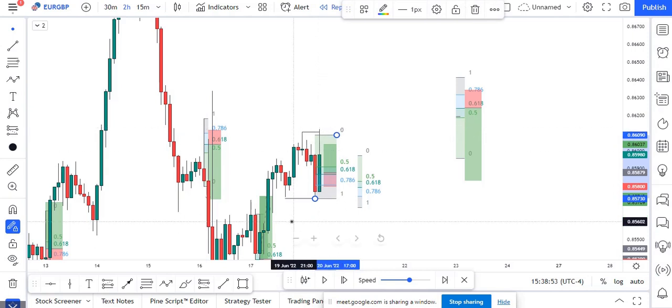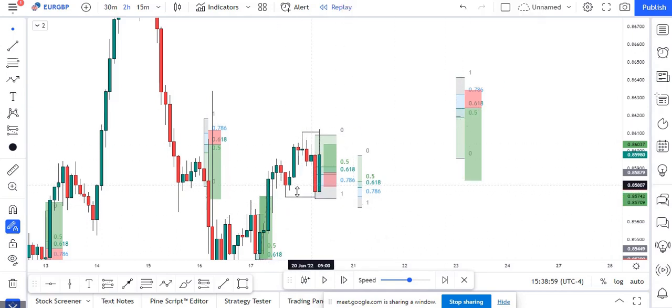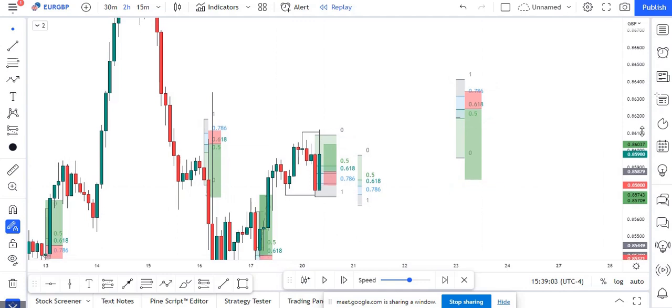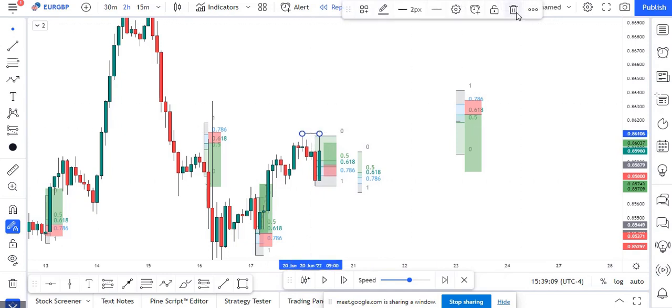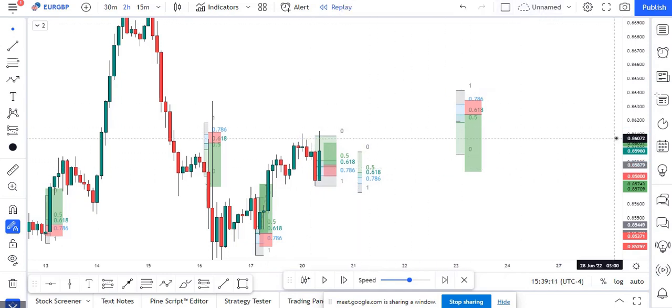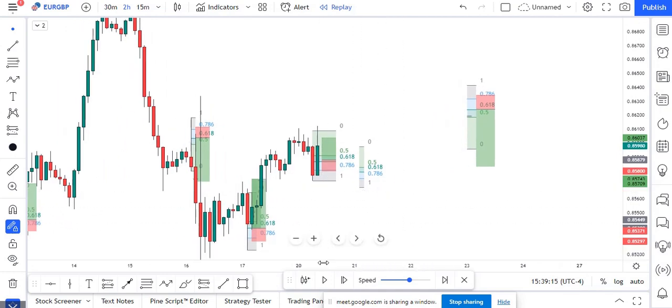A few pips. Maybe if you can do that, we have a liquidity grab right here as well. So we have the opposite scenario to right here. We really don't have anything else to add from this liquidity hunt right here. All right, let us see if we have anything else to add.